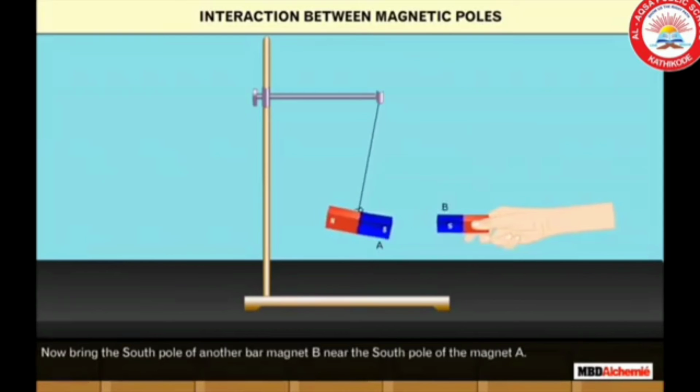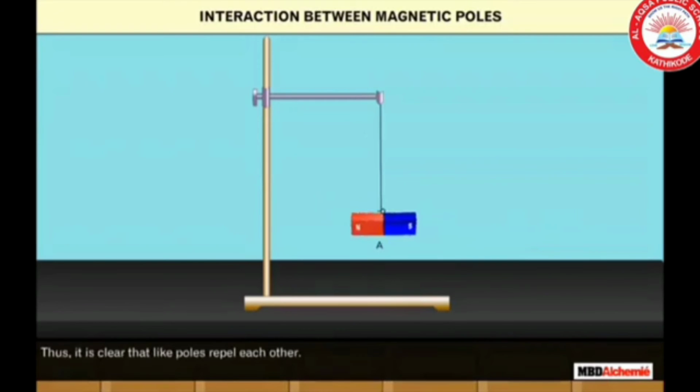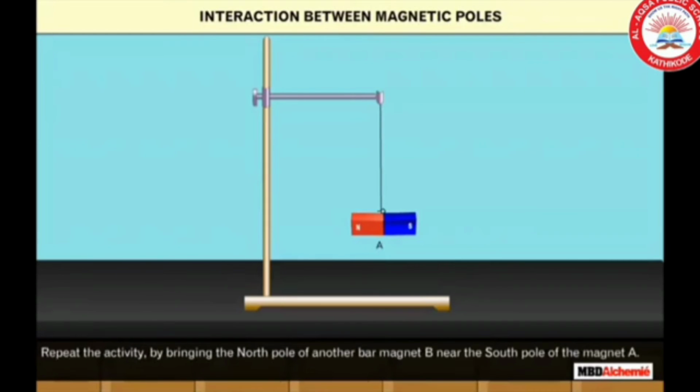Then bring the south pole of another bar magnet B near the south pole of magnet A. Here also we can see that they will repel each other. Thus it's clear that like poles repel each other.